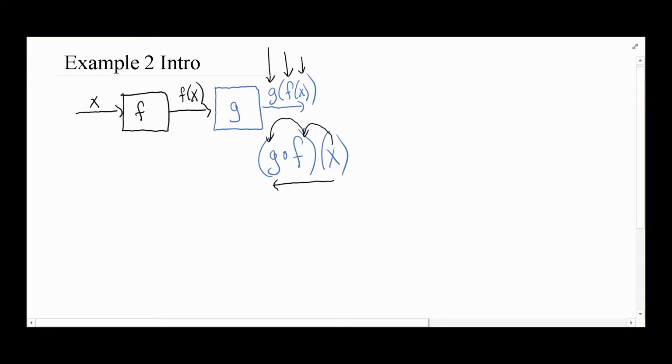So we're going to look at some things we can do with compositions. We're basically going to break this down into 3 different types of problems. We're going to look at problems where we do a composition where we start with a number, plug it in, get an answer, plug that number in, and we'll end up with a number.